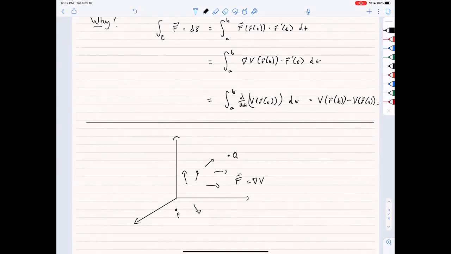Then what it's saying is that if I take a curve like this and calculate the work that it takes to go along this curve relative to this vector field, it will be the same amount as if I went along some other crazy path.